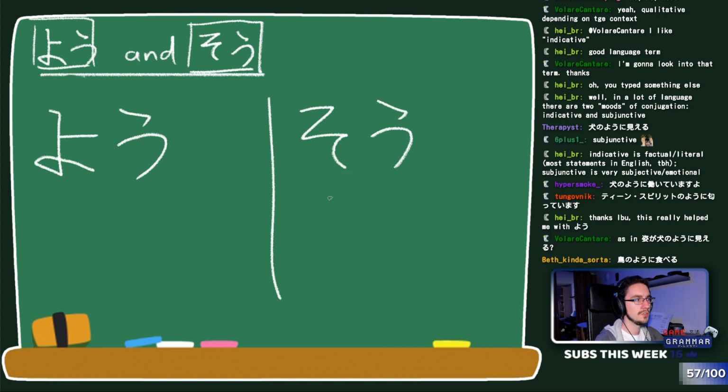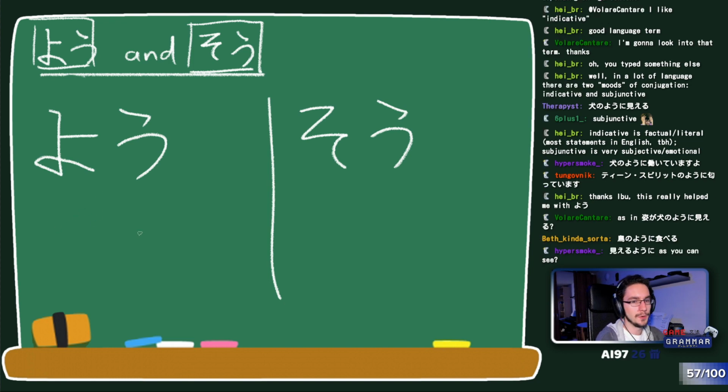I know that's usually said for eating small portions, but I don't know if Japanese actually has that connotation for birds. I'm not sure. 犬のように働いていますよ. He's working like a dog. Teen spirit のように匂って. Sure. It smells like teen spirit. Yeah, ような匂い, you would probably say 匂いがする. So, teen spirit のような匂いがする. But yeah.